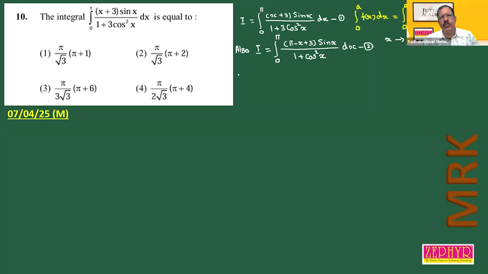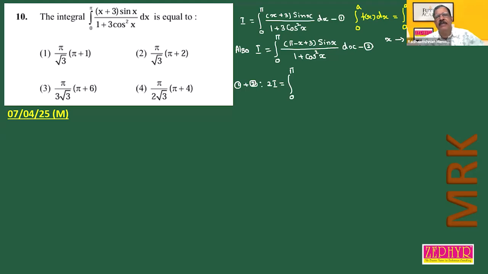When you add these two, left side you are having 2i. LHS 2i ആണ്. RHS എന്ത് വരും നോക്കി നോക്കൂ. Integral 0 to pi. Okay. Pi minus x plus 3 plus x plus 3.